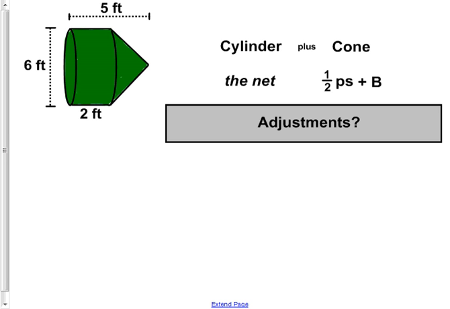But as the figures have been joined together, we have a couple of sides that are canceled out. On the cylinder, one of the circular bases is lost where the cone came into play, and actually the base of the cone is lost where the cylinder is making contact with the cone.